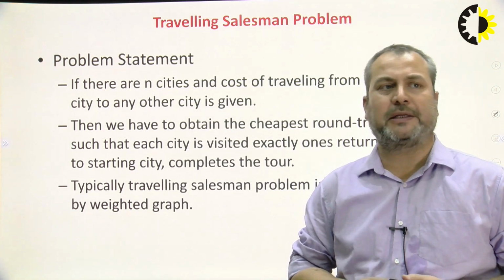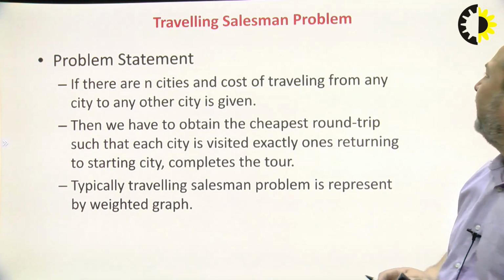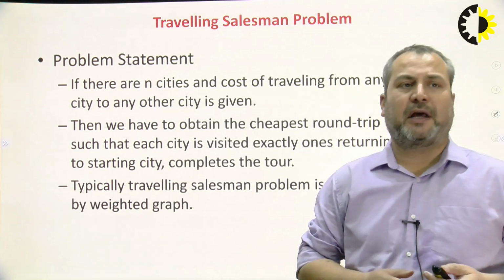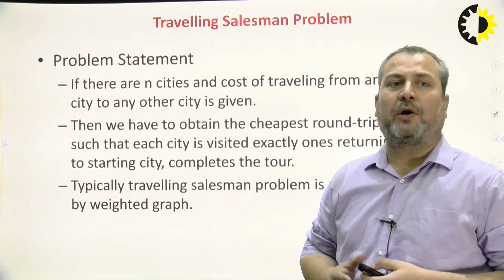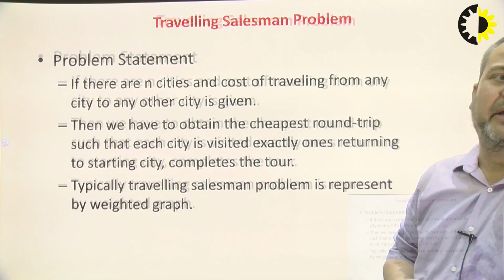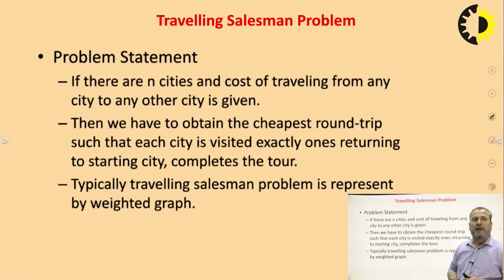This is the problem statement of the traveling salesman problem. If there are n cities and the cost of traveling from any city to any other city is given, then we have to obtain the cheapest round trip such that each city is visited exactly once, returning to the starting city to complete the tour.